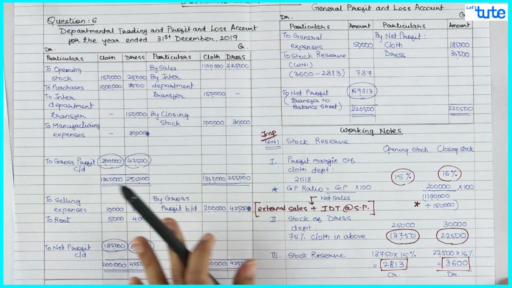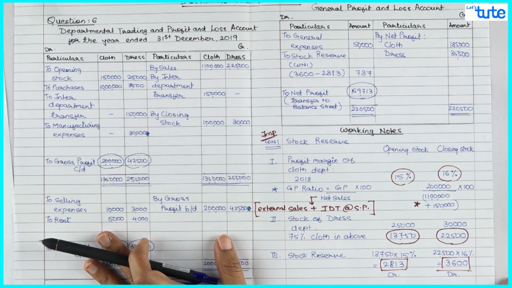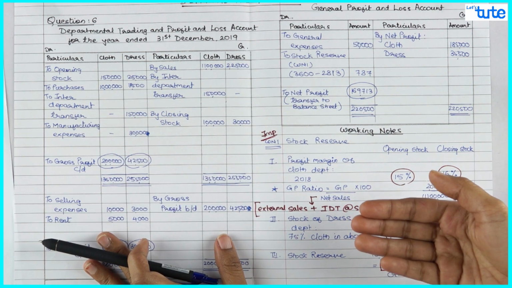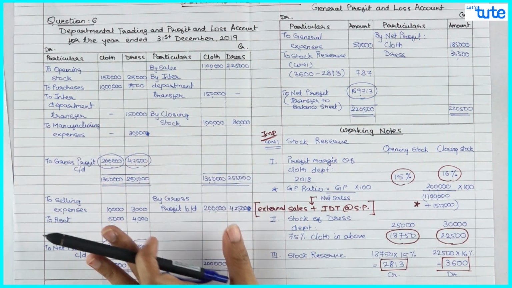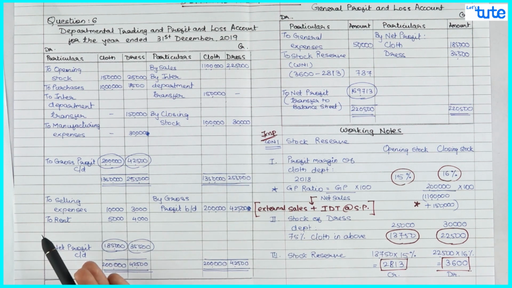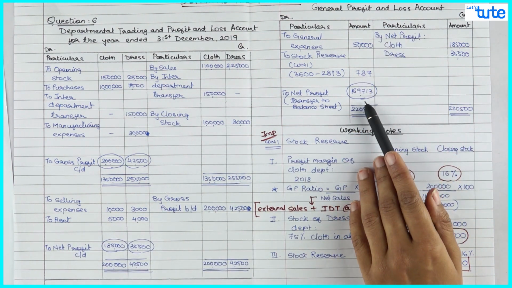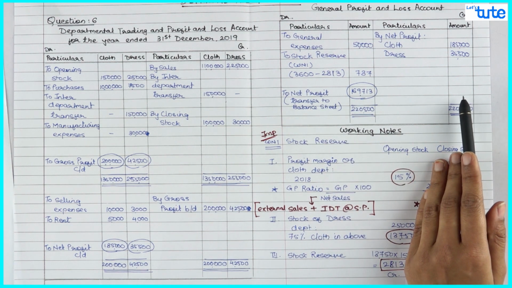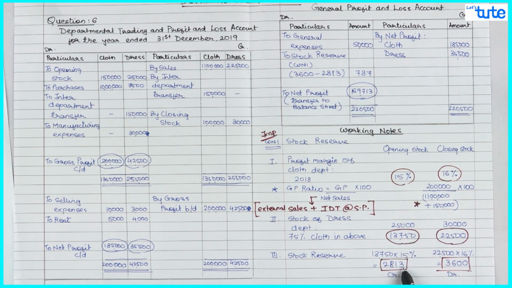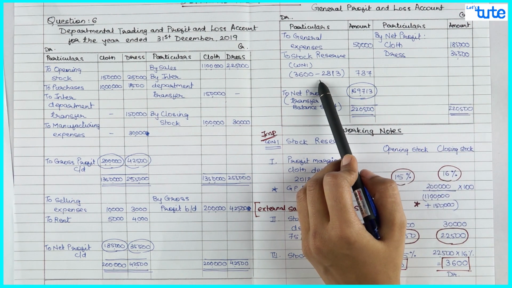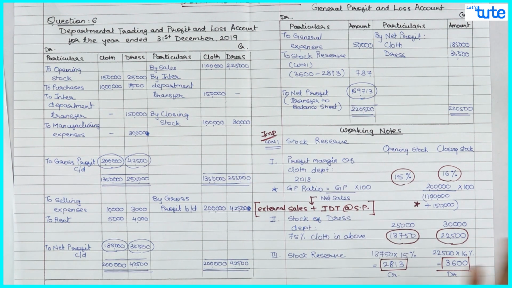So that is done. No stock reserve adjustment ever in your departmental trading and P&L, otherwise charging some profit does not make any difference. So that profit you find for the department without reversing your unrealized profit. But when you prepare general P&L account and when your final profit is going to go to the balance sheet, if there is any unrealized profit, you need to reverse that, for which we did the calculation, gave the effect for this stock reserve, and find out the net profit transfer to balance sheet.